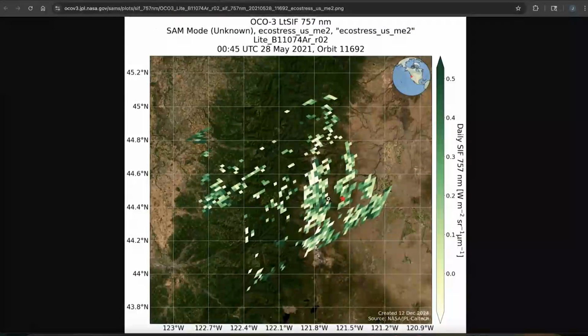Data availability is still quite sparse, like we saw in 2020, around the tower site. But in the 2021 data, we can definitely see that the value closest to the tower is relatively low compared to the surrounding area.